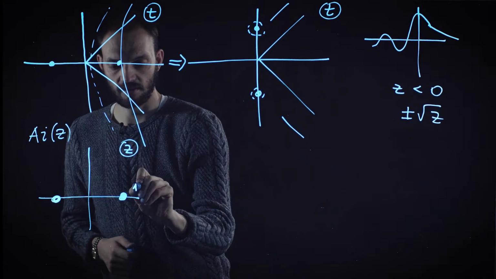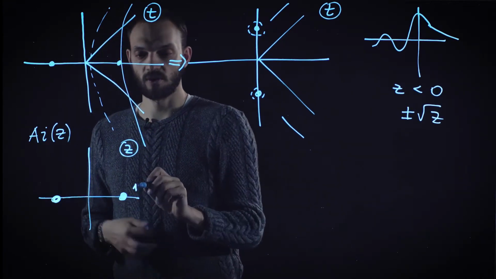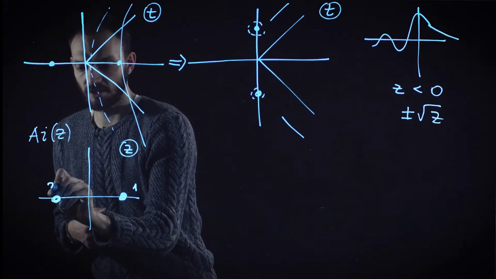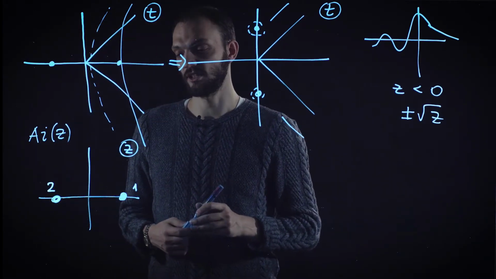So somewhere here only one saddle point lies on the proper integration contour, and somewhere here both of them should lie on it.